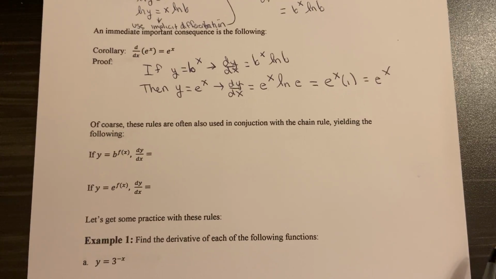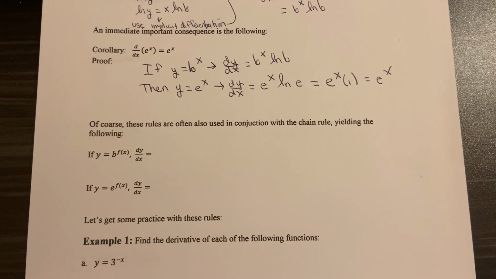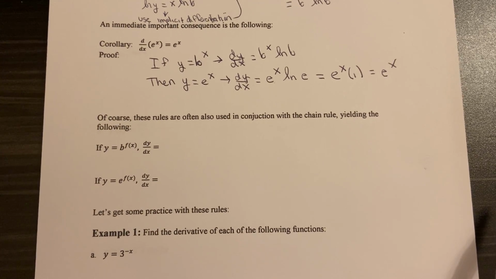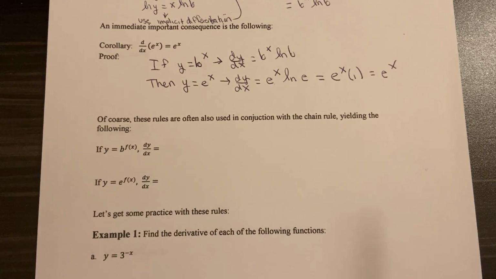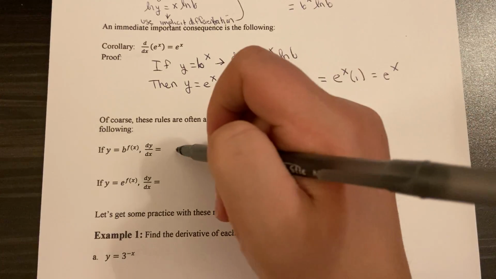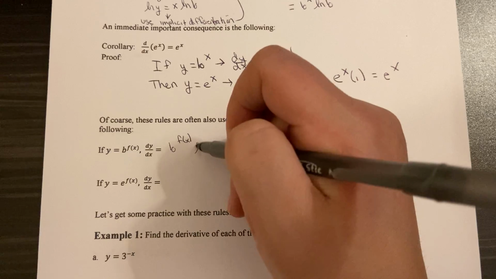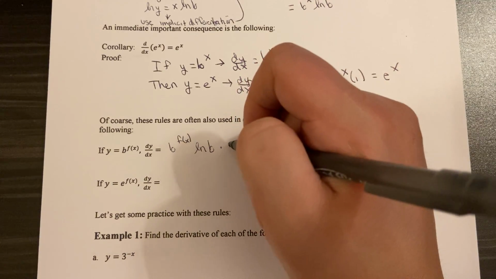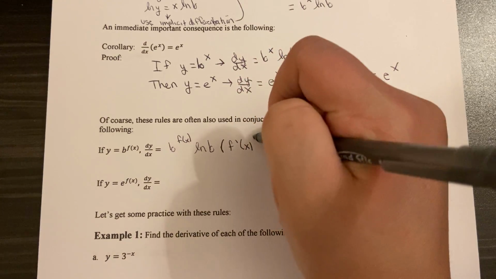So then it says down here that we also have these derivatives with chain rule, or in conjunction with chain rule. So if you have some b to a function, it's kind of just like what we did the previous day. It's going to equal b to that function ln of b. But then, because of the chain rule, you still have to multiply by the derivative of that function.